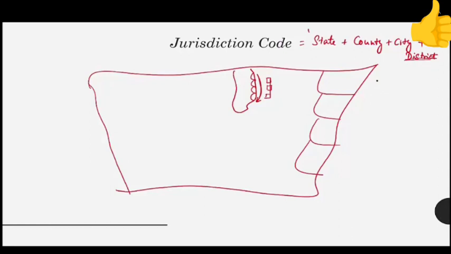So based on the combination of state, county and city, the state levies a tax, the county levies a tax, the city levies a tax. For example, in a particular Illinois county, the state Illinois levies a 5% tax, one of the counties levies a 3% tax, and the city could levy a 1% tax. So overall, it's 9% of sales tax.